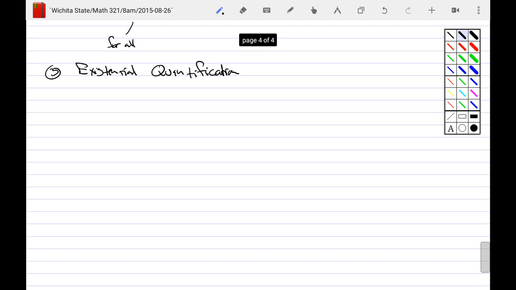And for existential quantification, what would happen if I tried to turn the E upside down? It would still look like E. So what we'd rather do is instead of upside down, we go backwards. And that is for some. So the word for all is an upside down A. The word for some is a backwards E for existential.